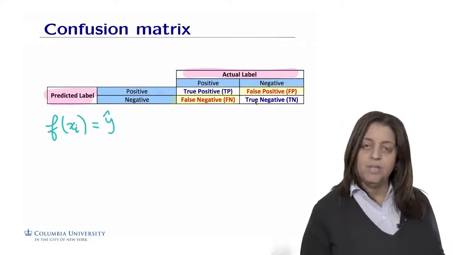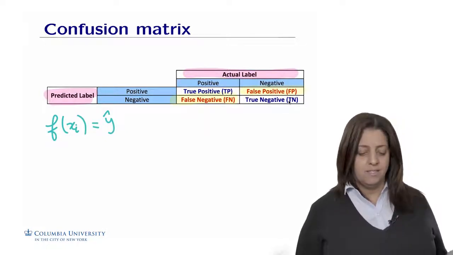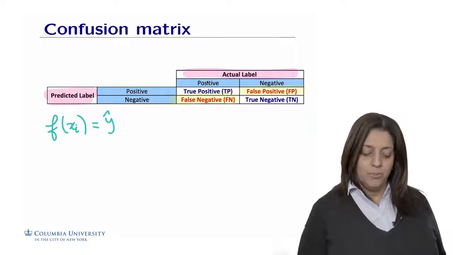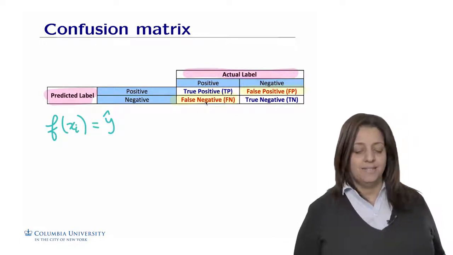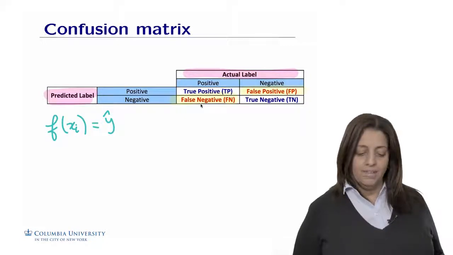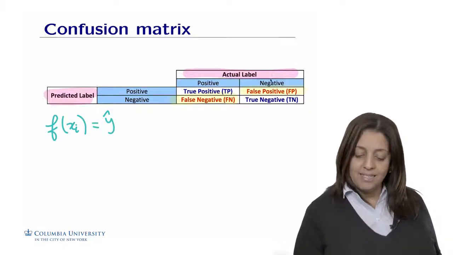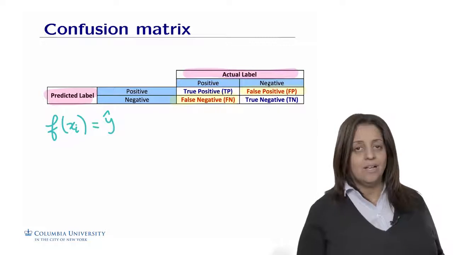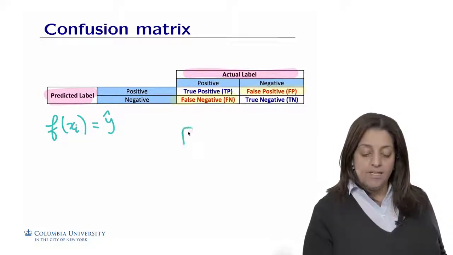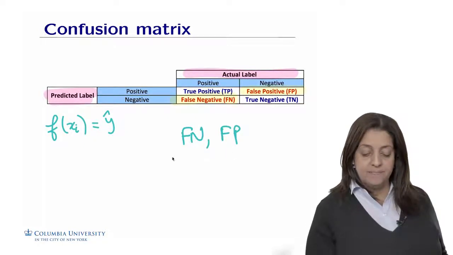You are creating a true negative, which means you made a good prediction on a negative example. However, if your example was positive and you predicted it as negative, you made a mistake, right? And you're going to increase the number of false negatives in your table. If your label is negative and you predict it as positive, it's also another kind of mistake. The kinds of errors that we can make are either false negatives or false positives.